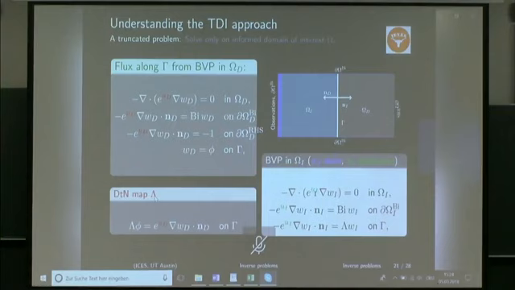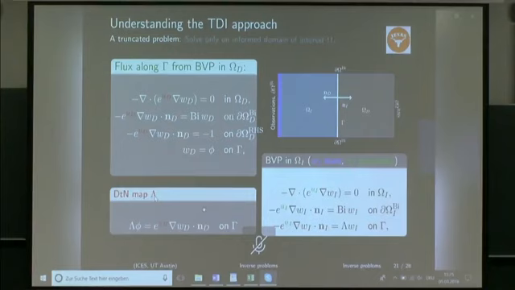On the bottom box are the PDEs in the inverse domain, omega I. The communication between the truncated domain D and the inverse domain I is through the Dirichlet to Neumann map lambda. If you look at the last equation in the box on the bottom right, it connects to the truncated domain with this Dirichlet to Neumann map, which is given by the bottom box on the first column.